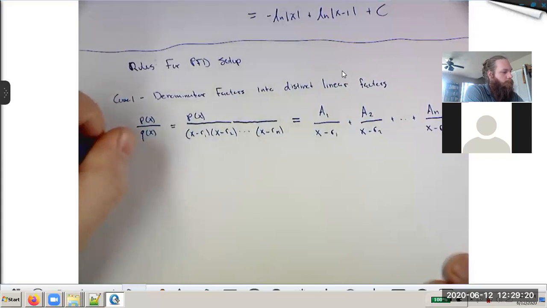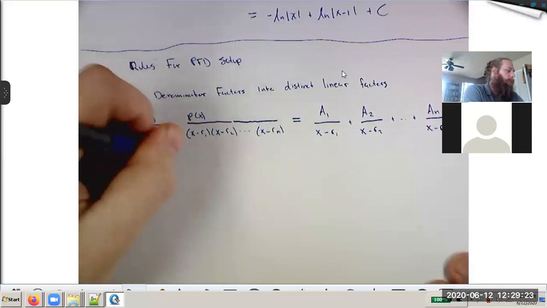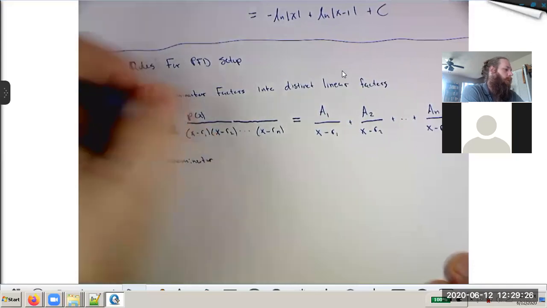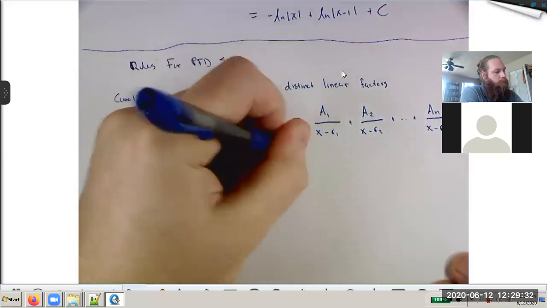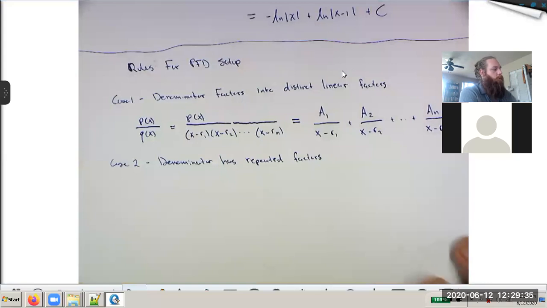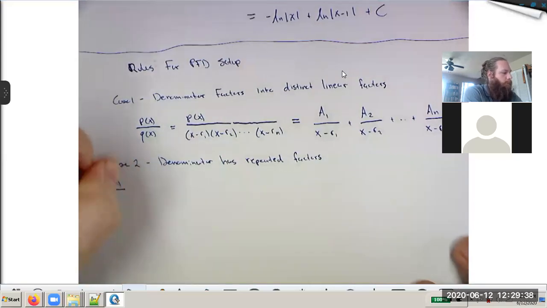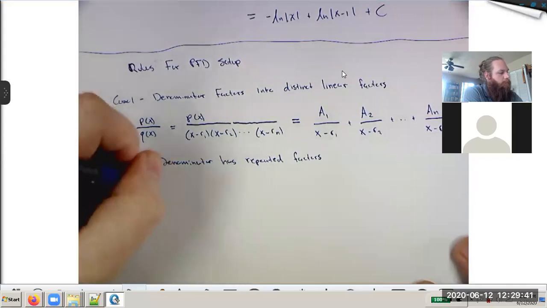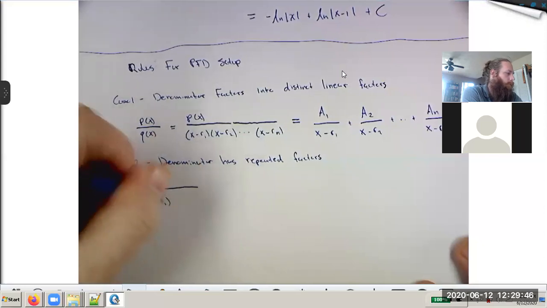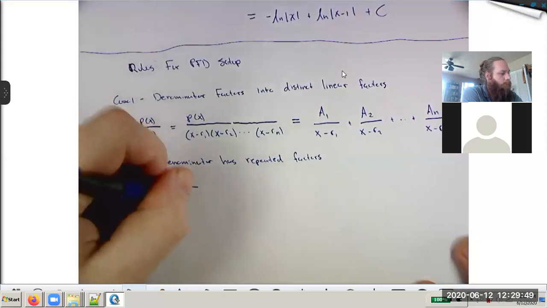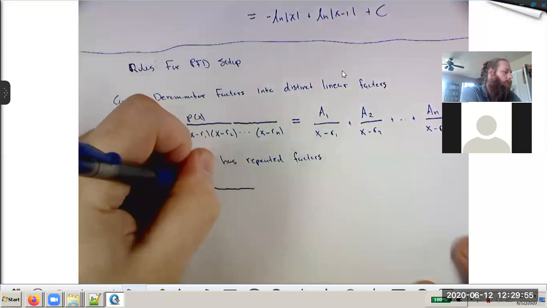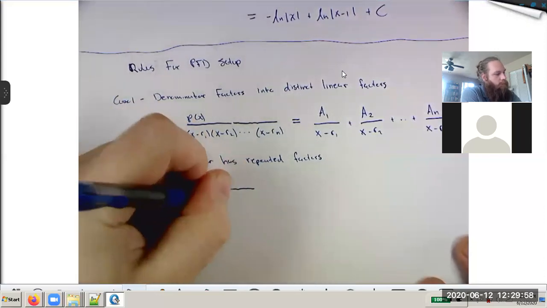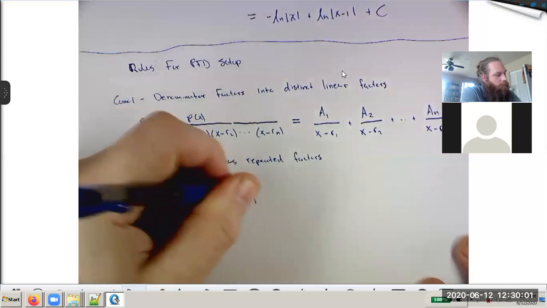Case 2, the denominator has repeated factors. So that would mean like p of x over q of x, the bottom factors, that's something like x minus r1 to the m1, x minus r2 to the m2, some horrendous thing like this, x minus rn to the mn.